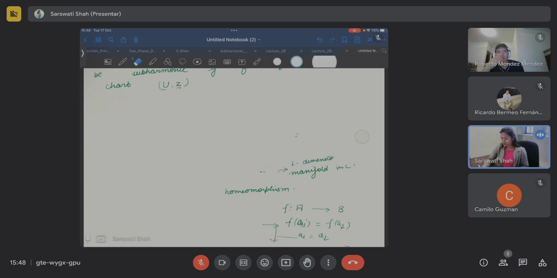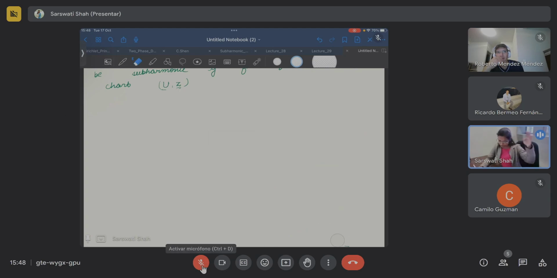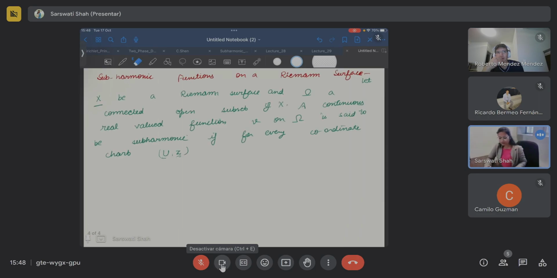I think this theorem is just going to pass by you and cross over your head because it uses a lot of properties of onto functions and homeomorphic functions, and I don't think you guys remember anything. So for every coordinate chart (u, z), this coordinate chart is defined on an open set u of the domain omega.